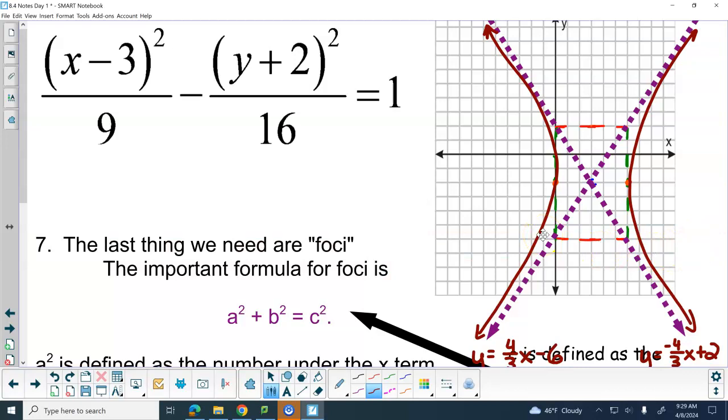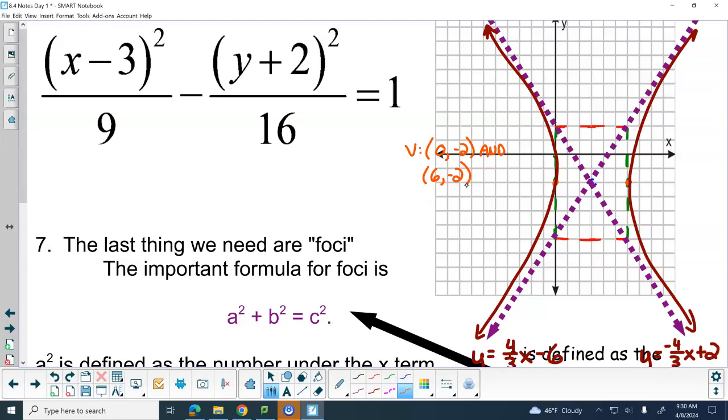Last thing we need is the foci. The important equation for the foci is a squared plus b squared equals c squared. Where have you seen that before? Yeah, you should have. It's the Pythagorean theorem, right?